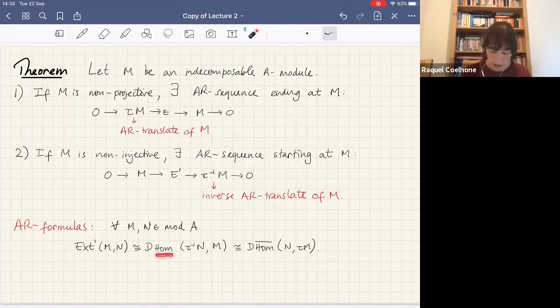I put this bar here, which means that you're factoring out, ignoring morphisms factoring through projectives. And this is factoring through injectives, okay? Don't worry about this, this is just a K-duality, that's fine. Basically, if A is hereditary, then you can ignore this factoring through. It's just the morphisms. Okay, this is just something to keep in mind as well.